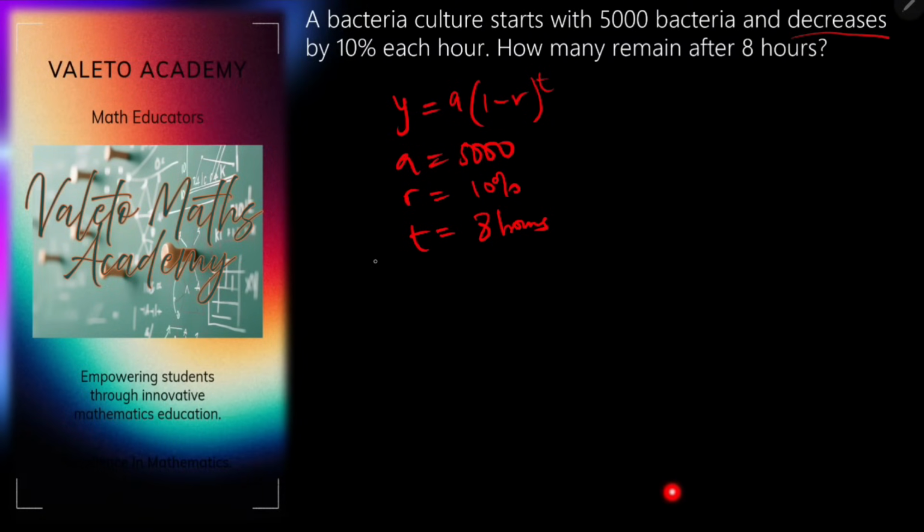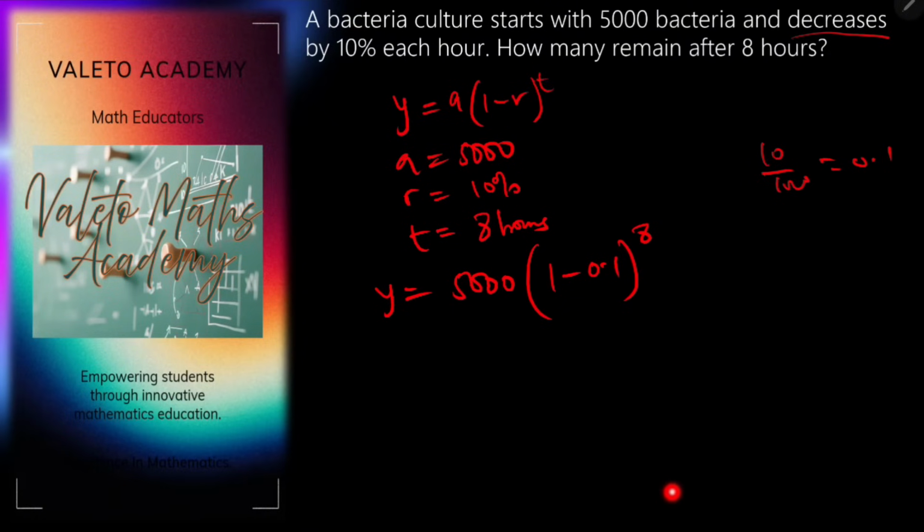So we're going to have y is equal to a, which is 5,000, multiplied by 1 minus r. r is 10%, and 10% is the same thing as 10 over 100, and that is 0.1. So 1 minus 0.1 raised to power 8, since we're looking for what it would be in 8 hours.